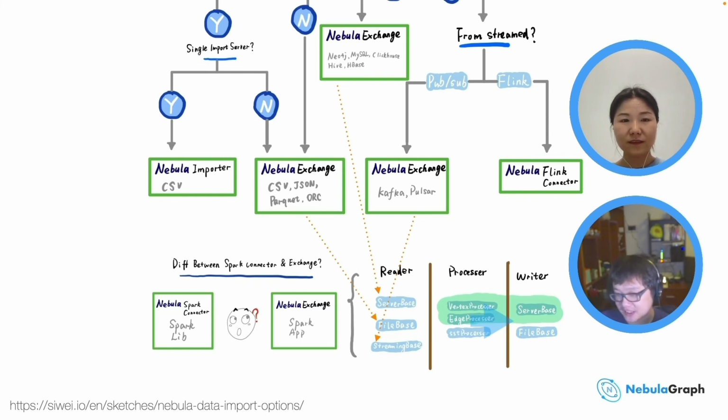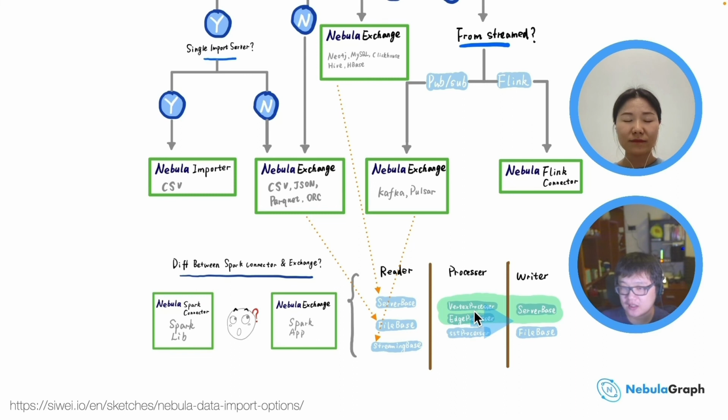But the difference here is that if you choose to output your data into the Nebula cluster directly, you are leveraging the server-based writer, which uses the vertex and edge processor underneath. But there is another option called the SST writer.